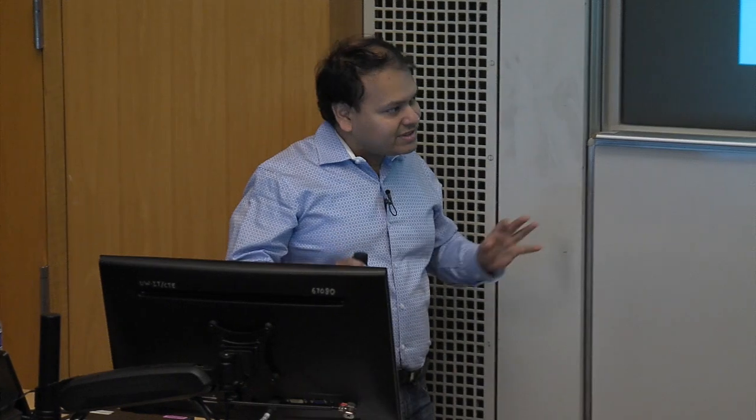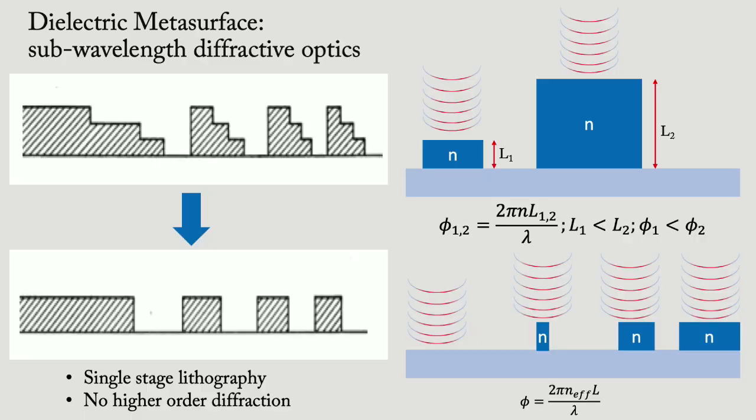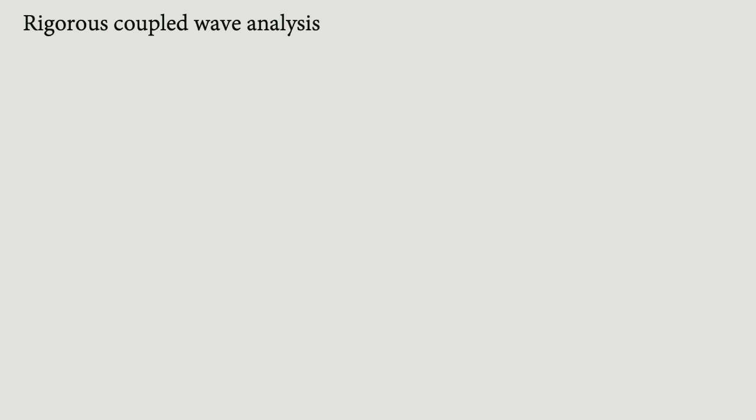Okay? Now, this is a very qualitative explanation, but it doesn't really tell you quantitatively how to calculate, and that's pretty difficult. You really have to solve the full Maxwell's equations to figure out how much phase shift you are actually going to get with this kind of sub-wavelength scatterer. And that's exactly what we do. We use something known as rigorous coupled wave analysis.